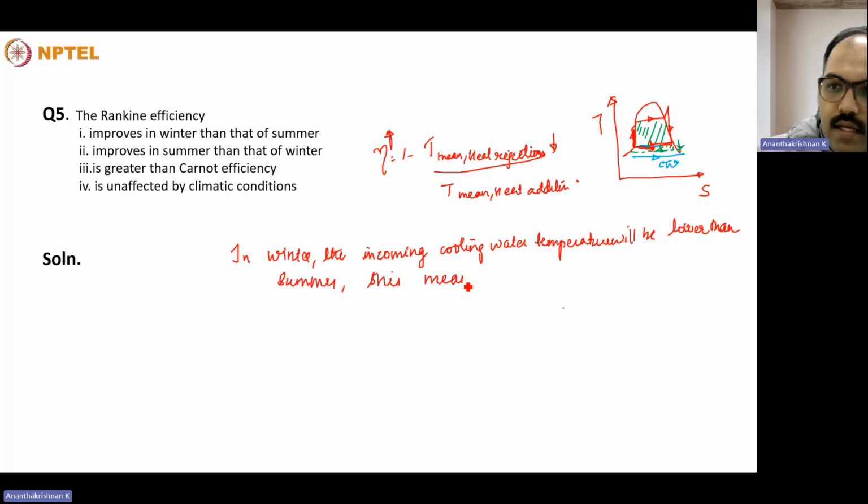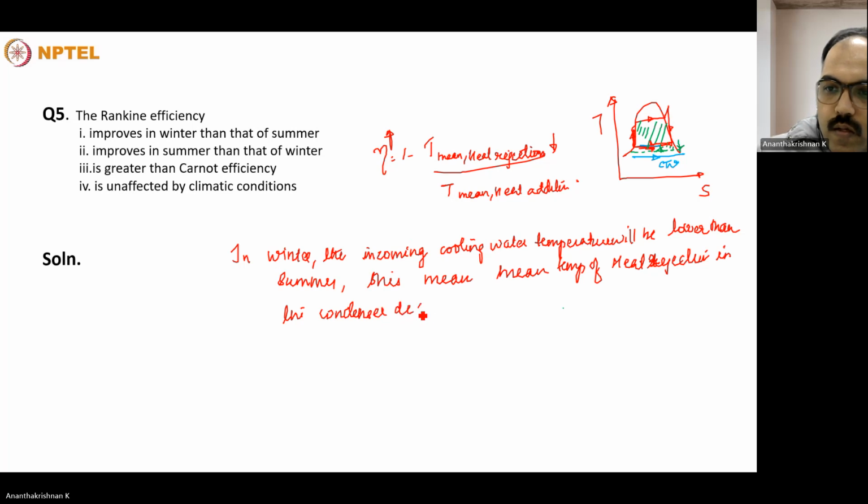This means the mean temperature of heat rejection in the condenser decreases, and that means that efficiency increases in the process. So the option is it improves in winter than that of summer.